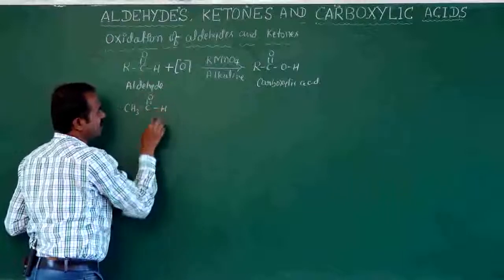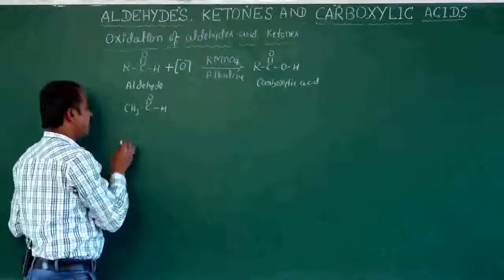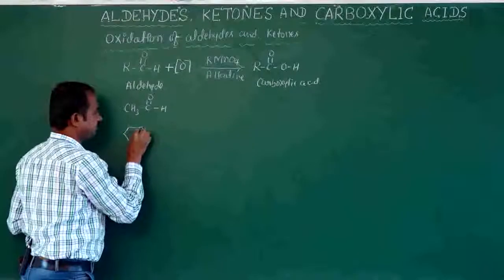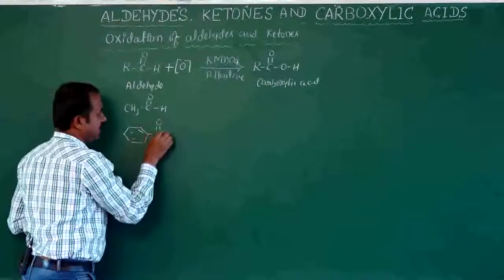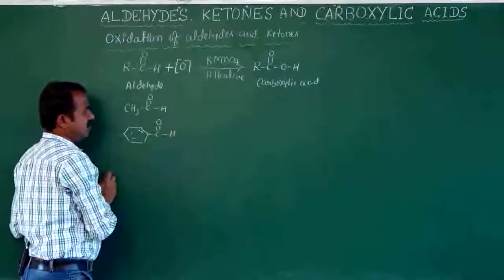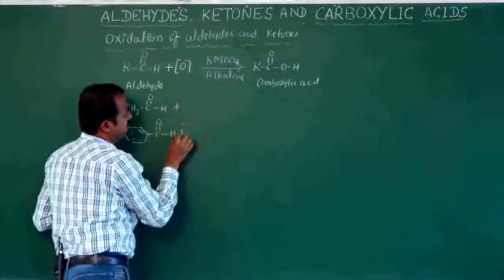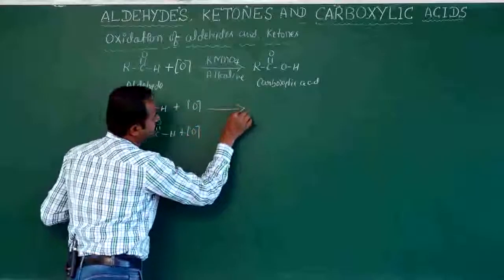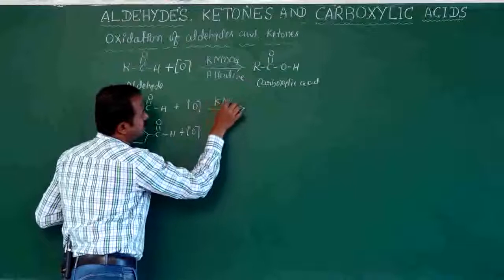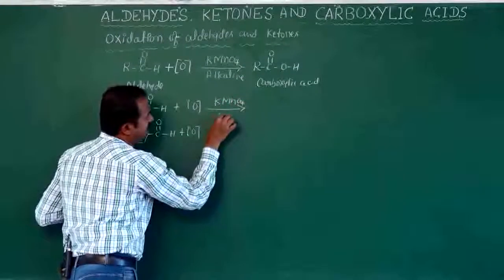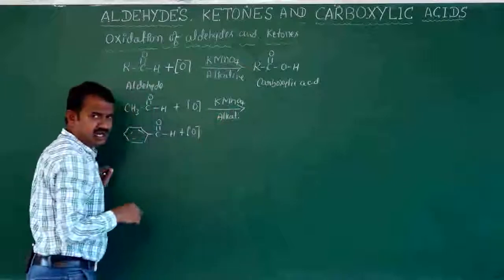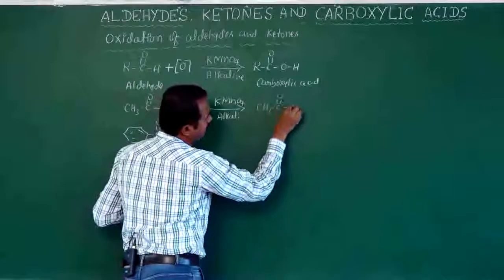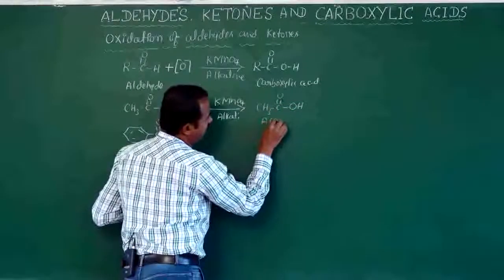Take examples instead of R: CH3CHO, acetaldehyde, and another, benzaldehyde, an aromatic aldehyde. The aliphatic aldehyde is oxidized with potassium permanganate in alkaline media to form acetic acid.